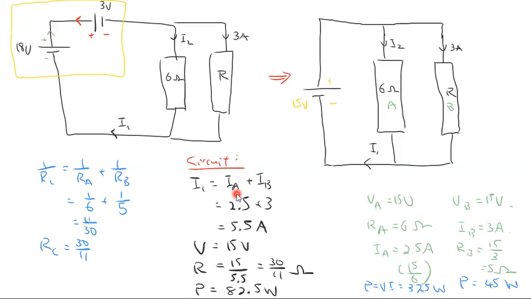And once I know the resistance, everything else would follow through as well. Not knowing the current, current must equal voltage over resistance, which is 15 divided by 30/11. So it would have been 15 times 11 divided by 30, giving you an answer of 5.5. And they would all be consistent with each other.